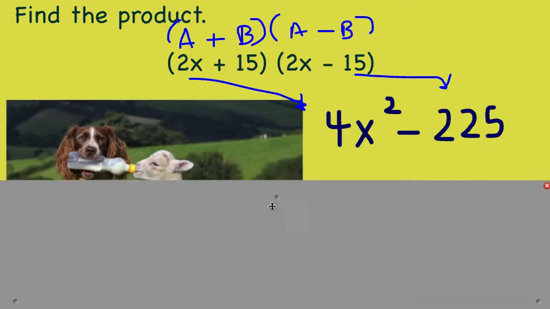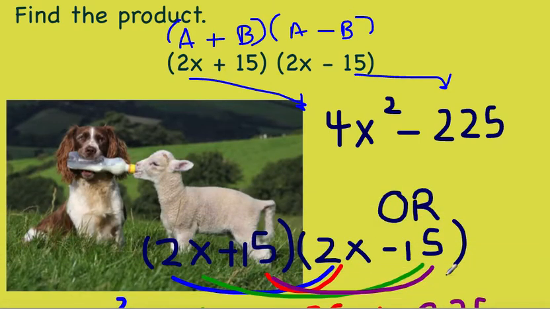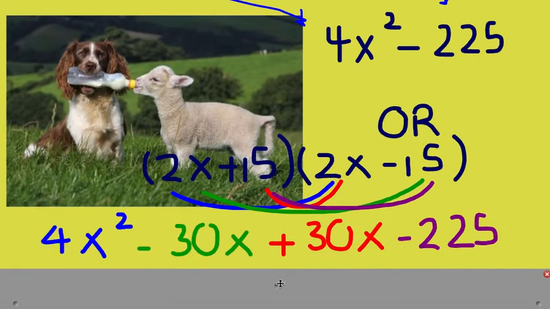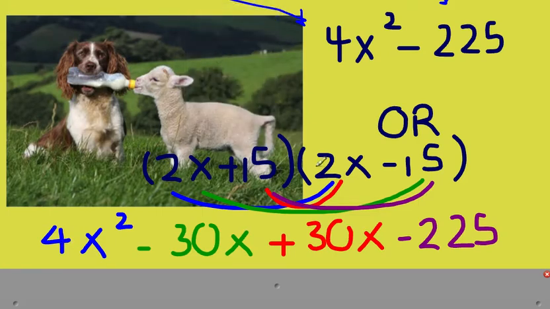Now, if you didn't recognize that, just like for the other problems, you can go back to the basics of foiling, which is totally fine. So if we FOIL this, we're going to get 2x times 2x, which will give us 4x squared. Then we have 2x times negative 15, which will give us our negative 30x right here. 15 times 2x will give us a positive 30x.